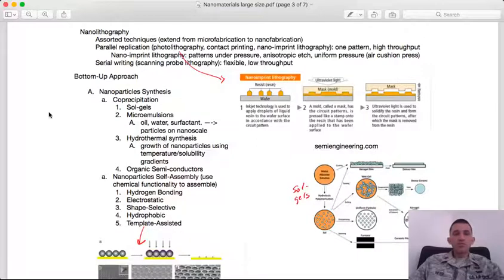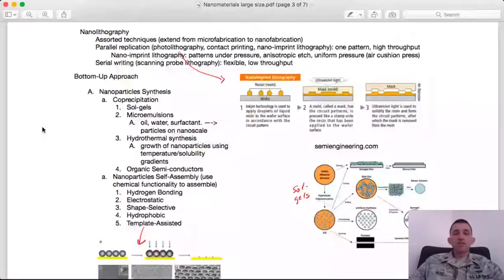is nanoimprint lithography. If you think back to what we talked about in lithography, where we had non-optical, where we're talking about X-ray based or extreme UV or electron beam. So you can use an electron beam to make really small features, say nanoscale features.